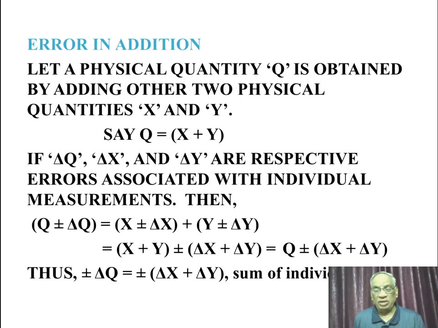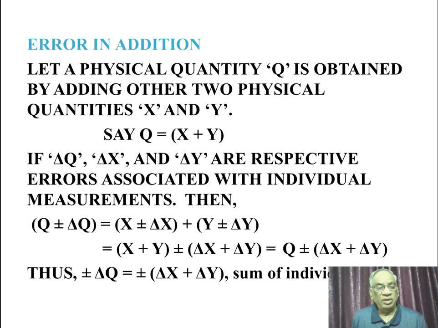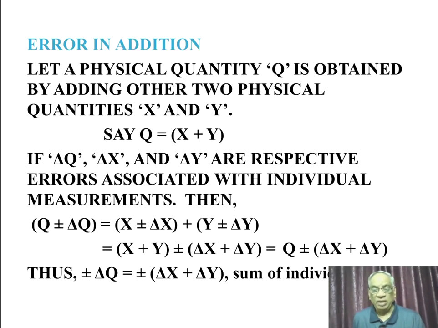Because we don't know the exact value of x, the exact value of q also is in error. Then if you see the way we arranged these things, x plus y is nothing but q plus or minus delta x plus delta y. So q gets cancelled, and plus or minus delta q is equal to plus or minus delta x plus delta y. That means the error involved in the measurement of q, which is obtained by adding the parameters x and y, is the sum of individual errors.